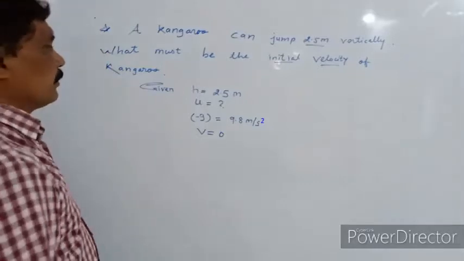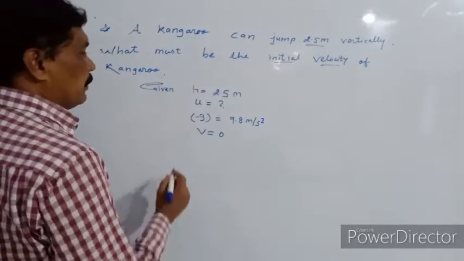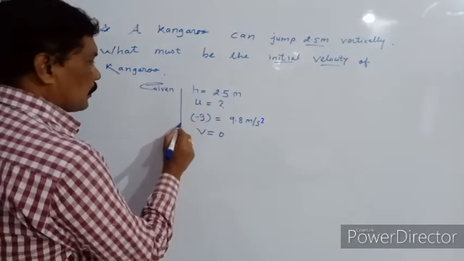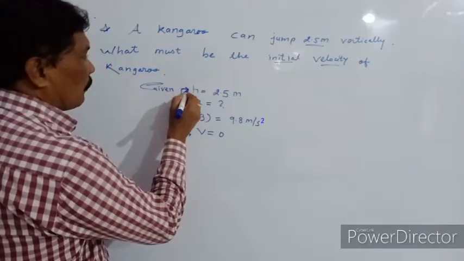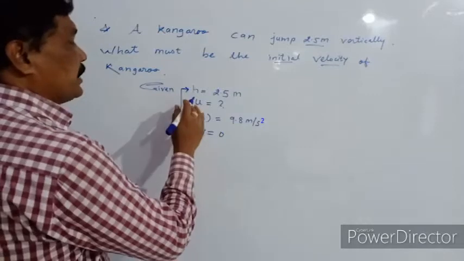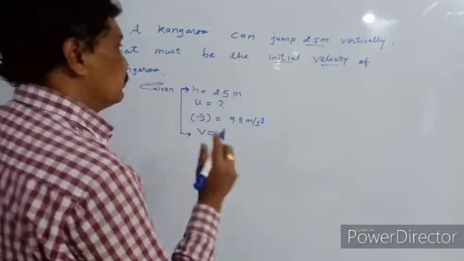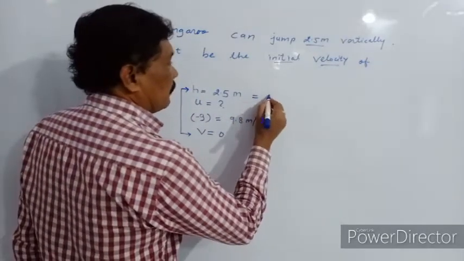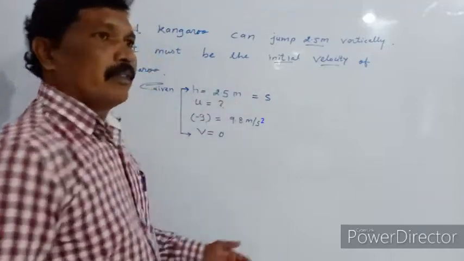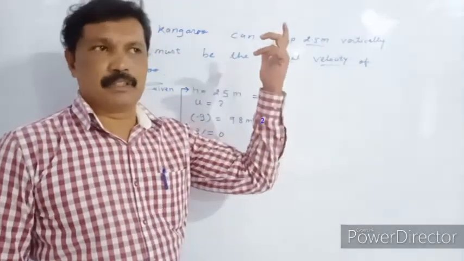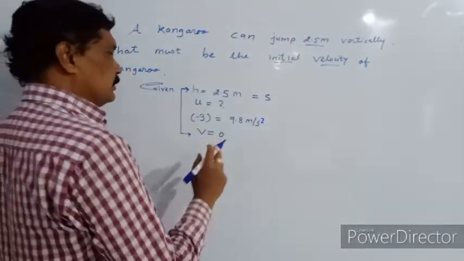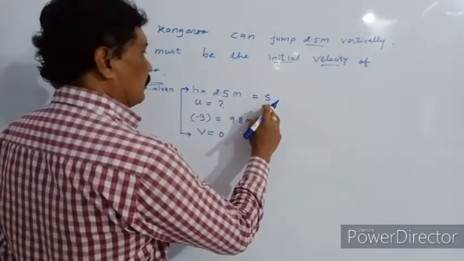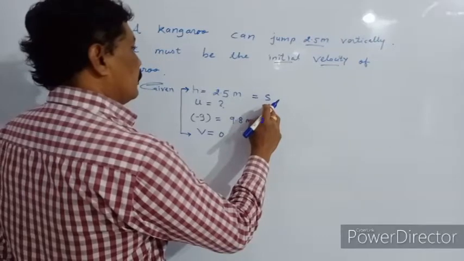0. Now here we have a relationship between velocity and h. H means what? Displacement. Height can be considered as displacement. Okay, so now we have a relationship between velocity and displacement.